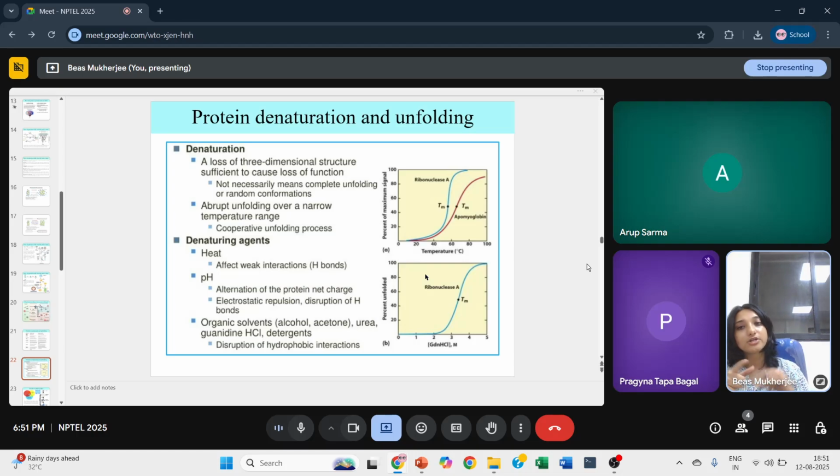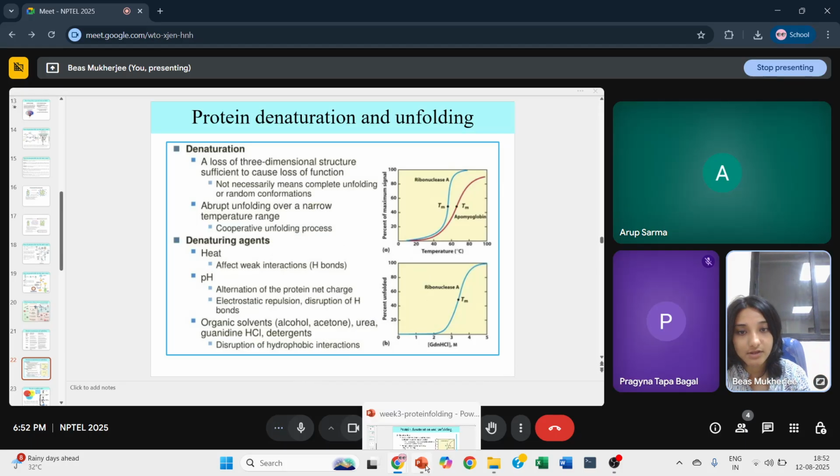If the net charge is altered, definitely the folding will be affected, with alteration of the electrostatic repulsion and disruption of hydrogen bonds. Then organic solvents such as alcohol, acetone, urea, guanidine chloride, detergent, etc. These can also be used, and they disrupt the hydrophobic interactions. So these mainly target the hydrophobic interactions in the protein.